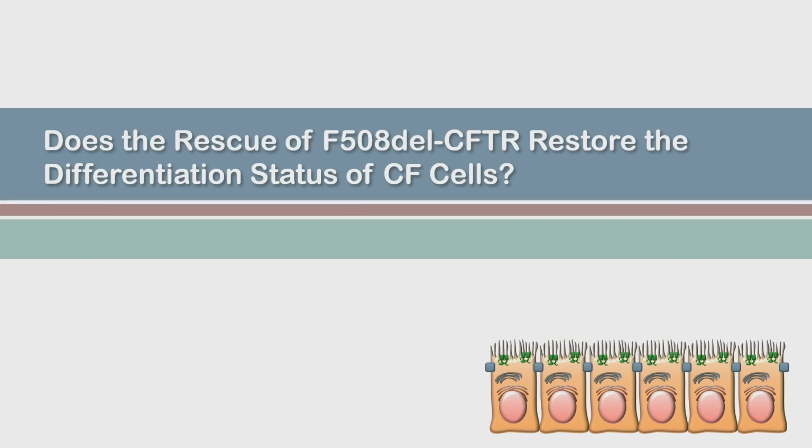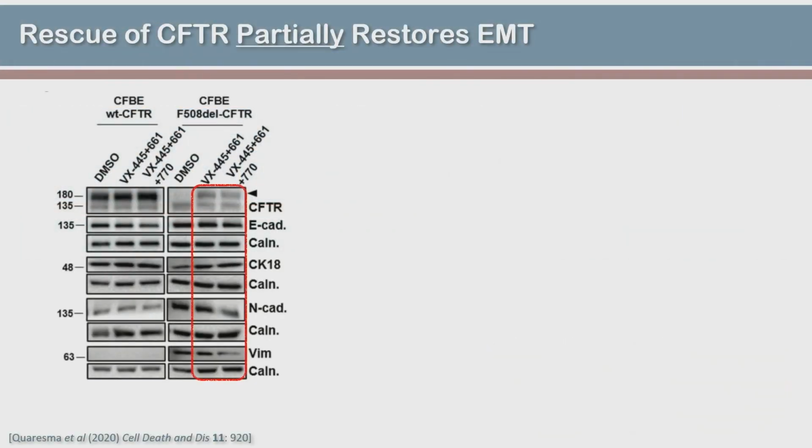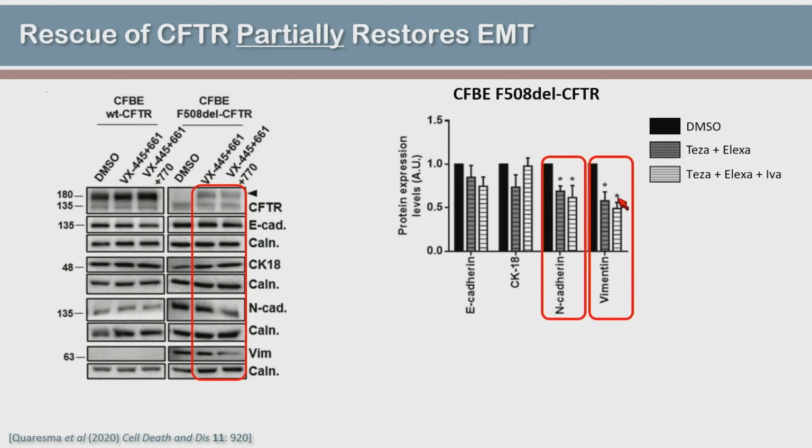Now the opposite question: by rescuing F508del or any other CFTR variant, can we restore the differentiation status of the cells? And here, this is a sort of complex slide, but I will try to lead you through it.